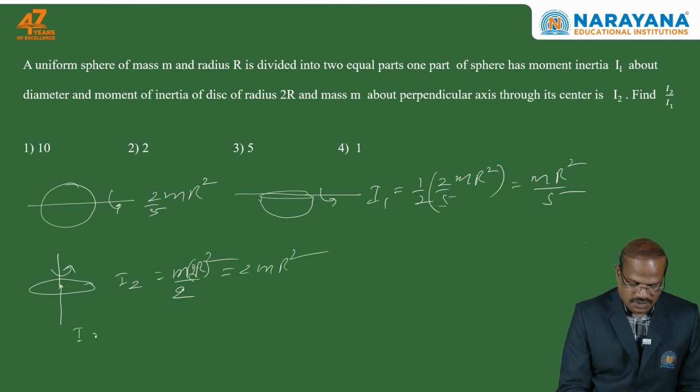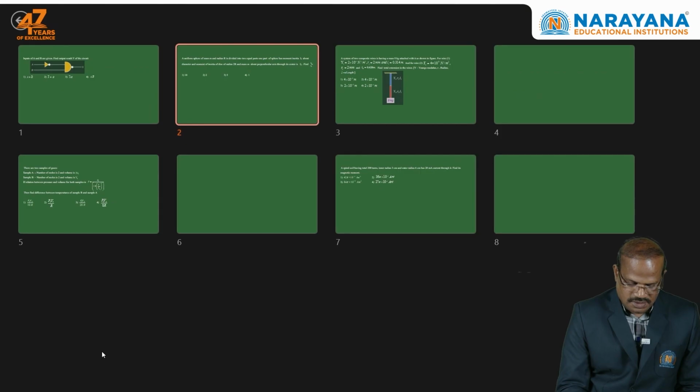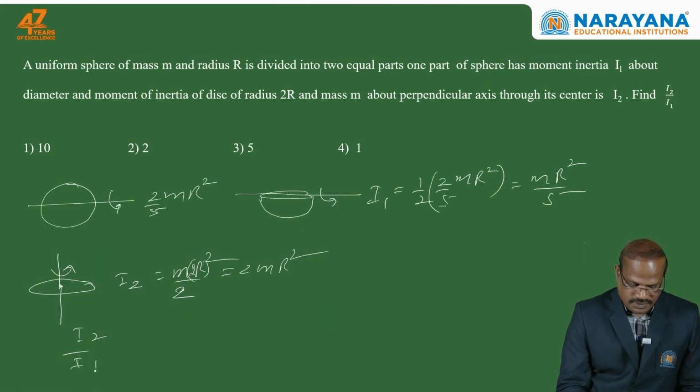So therefore, I2 by I1 equal to 2m r square by m r square by 5.